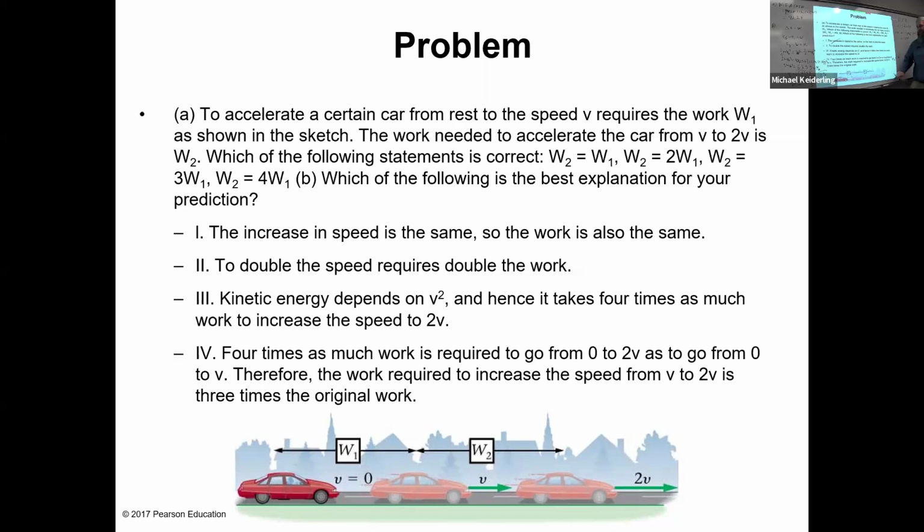Because it takes 4 times as much work to go from 0 to 2V as it does to go from 0 to V. Because the work required is basically 1/2 m v squared. And the difference from V to 2V, you can think of it, this is 2V squared minus V squared, which gives you 3 times V squared.